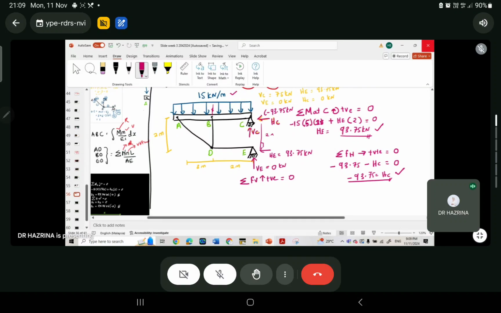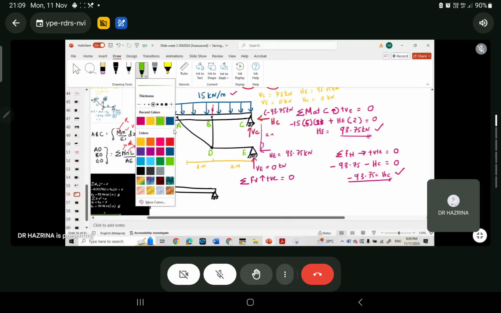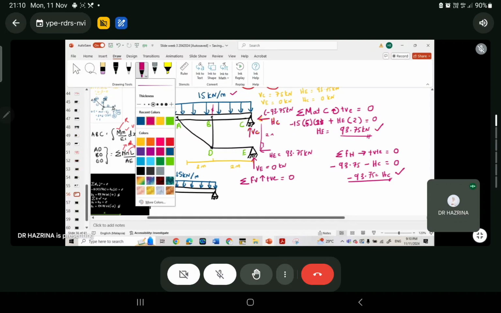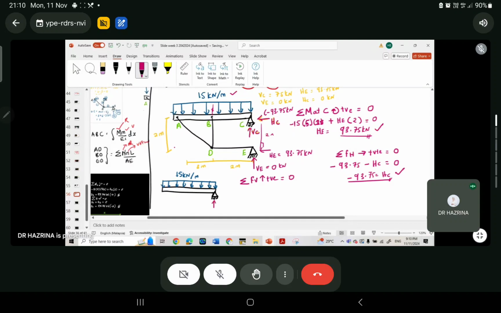So untuk VC maksudnya kalau kita keluar balik, kita ada macam ni lah. So you ada your beam, which is you ada pin kat sini. Okay, so you ada 15 kilonewton per meter. So then you need to find what is your VC sini.